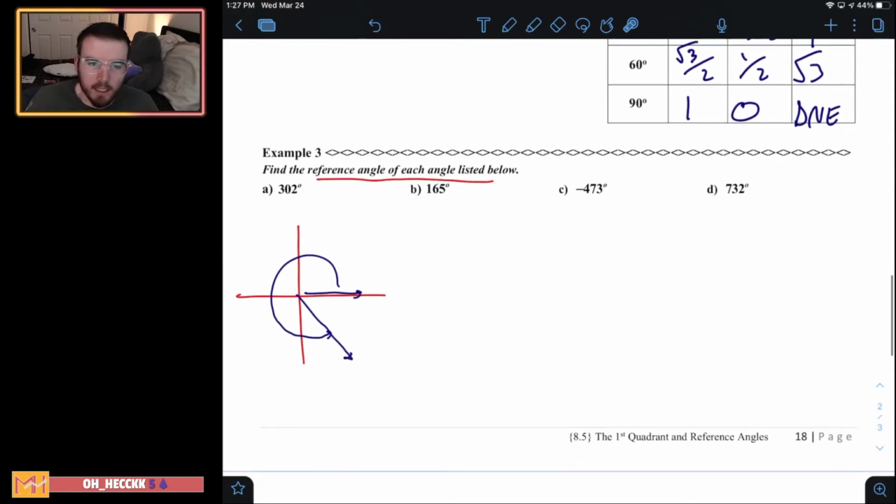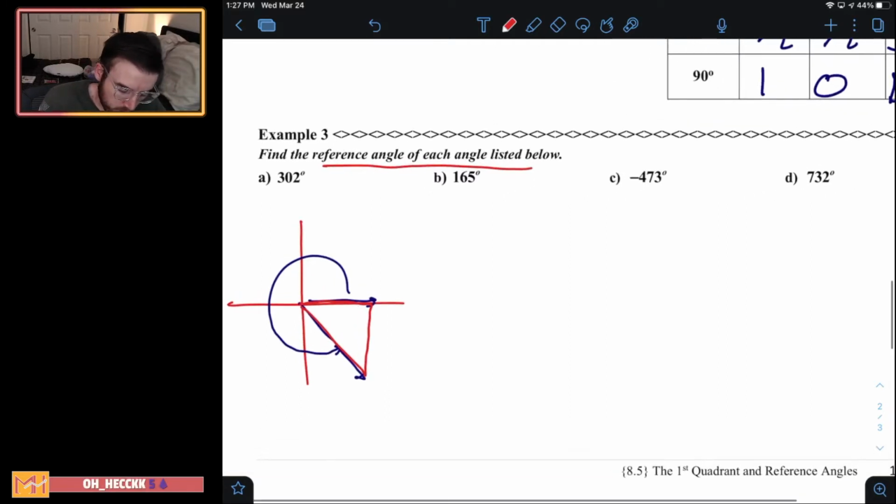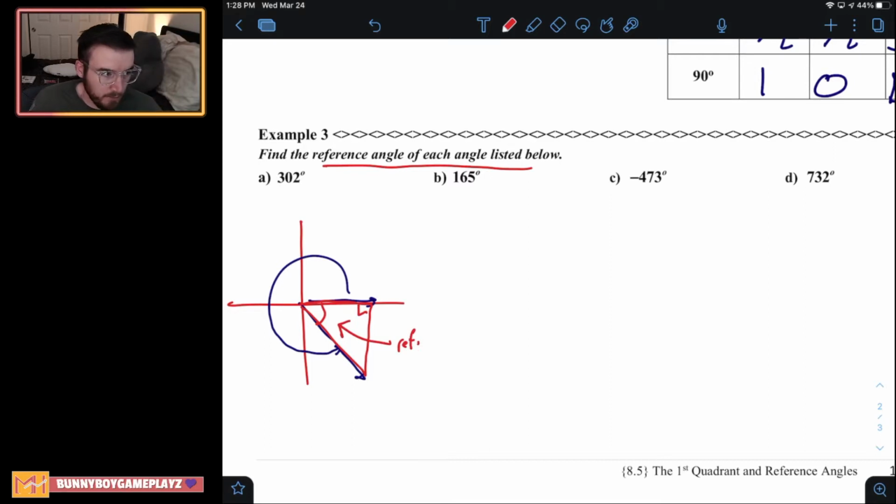What is a reference angle? Well, it opens up all the way around like so, but it creates this triangle right here. Correct? We have been making these right triangles in class repeatedly. And this angle right here is the reference angle.